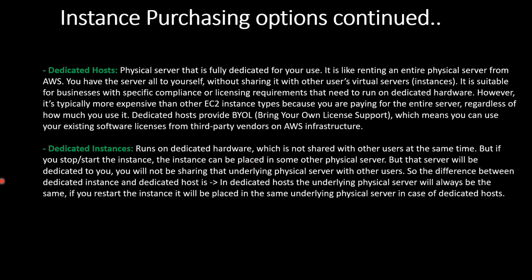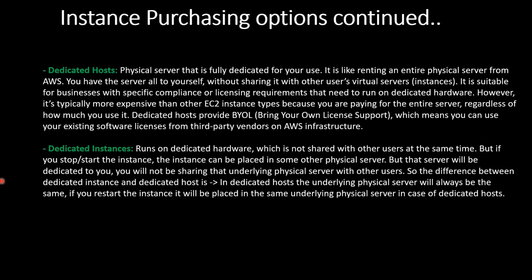Now if we talk about the pricing of EC2 instances, it depends on several factors like instance type, based on varying combinations of compute, memory, storage and networking resources to meet different workload requirements. For example, in on-demand instances, we pay for compute capacity by the hour or second with no long-term commitment, which is also known as the pay-as-you-go pricing model.